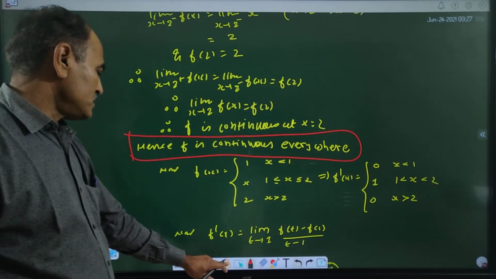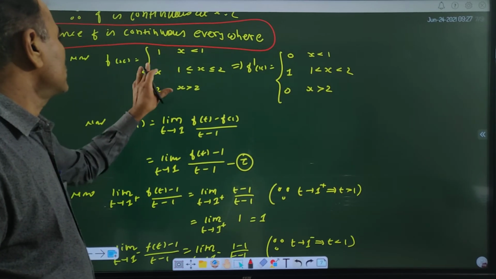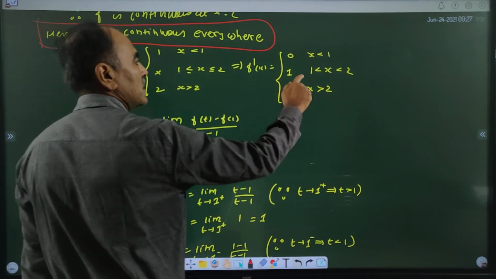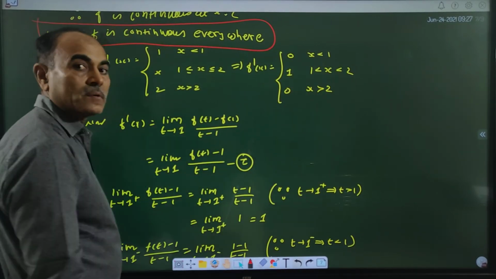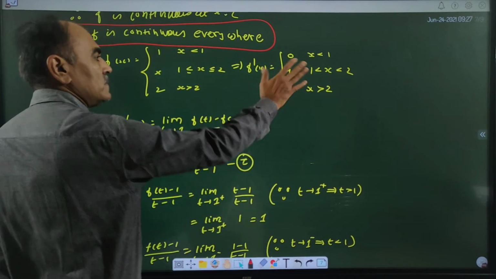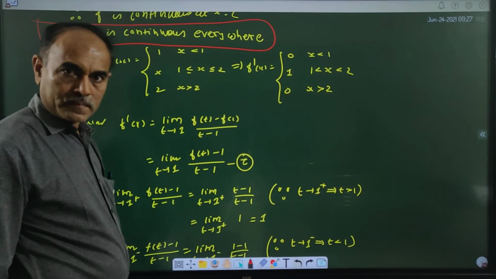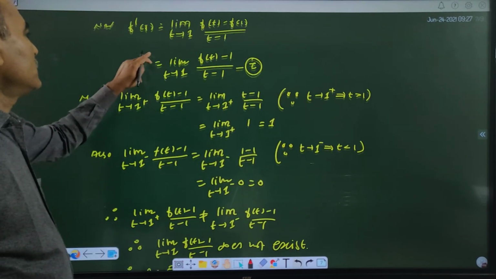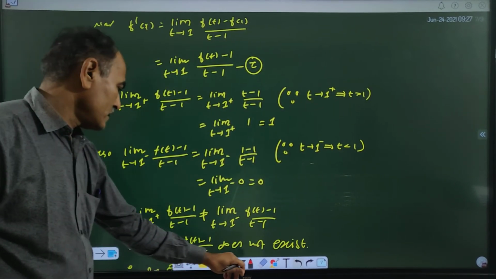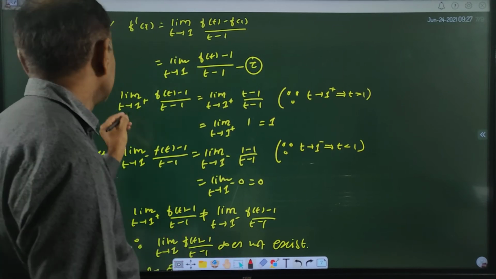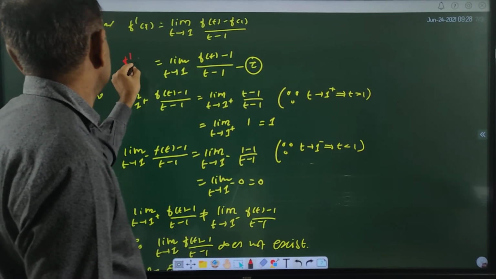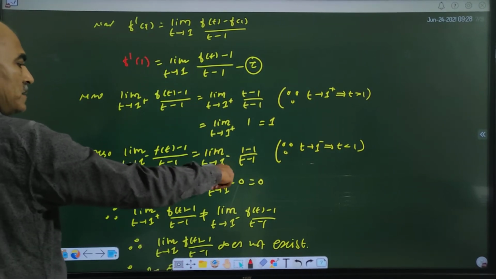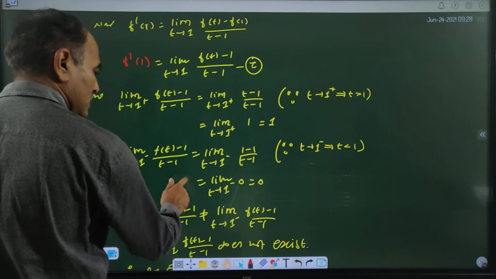Then we have to talk about the differentiability. Here a closed interval is there; I am taking an open interval because a function is differentiable on an open interval. That means other than 1 and 2 it is differentiable, that we know. Now we have to check the differentiability at 1 and 2. So at 1, use this formula. The right hand limit and left hand limit exist, but they are not equal.